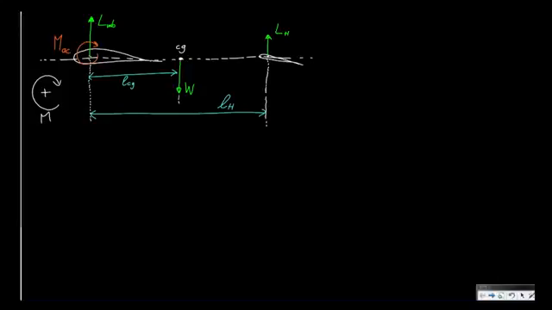And let's first look at equilibrium of forces. If we look at the total forces up and down, down we have the weight, and up we have the lift of the wing body plus the lift of the horizontal tail surface.